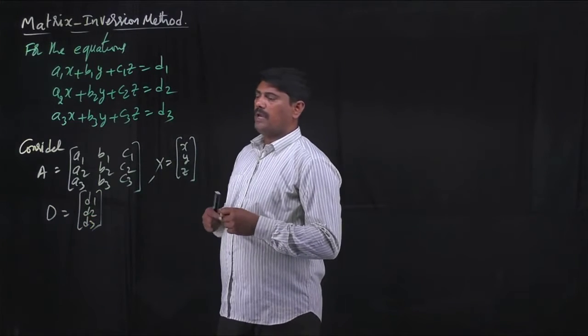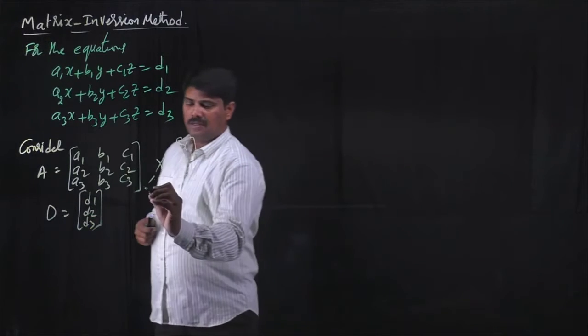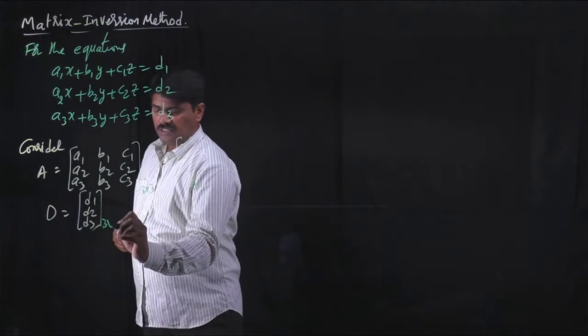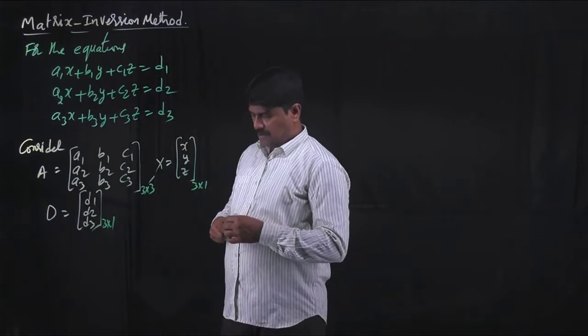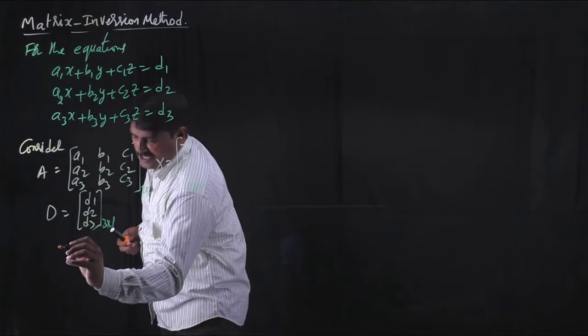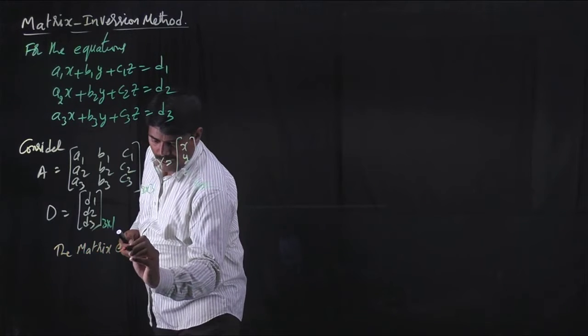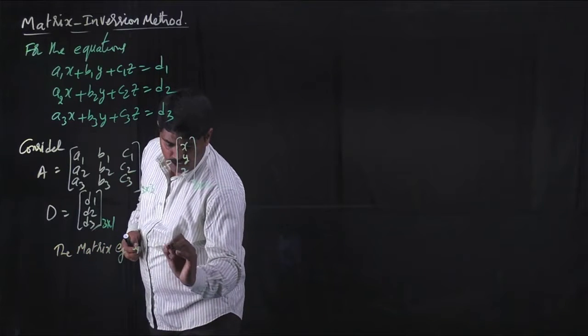Here the coefficient matrix is of order 3 by 3, this is of order 3 by 1, this is also of order 3 by 1, and the matrix equation is AX is equal to D.